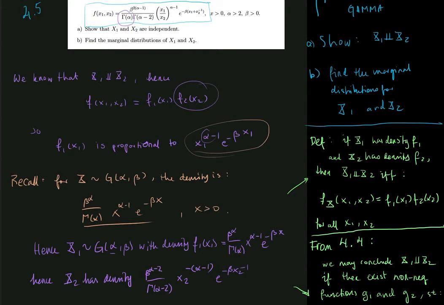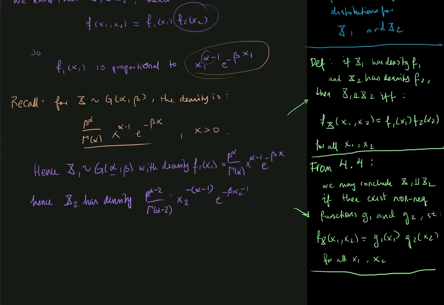So I've kind of said the keywords here. This is the density for the inverse gamma distribution. So x2 is actually inverse gamma distributed with parameter alpha minus 2 and beta.